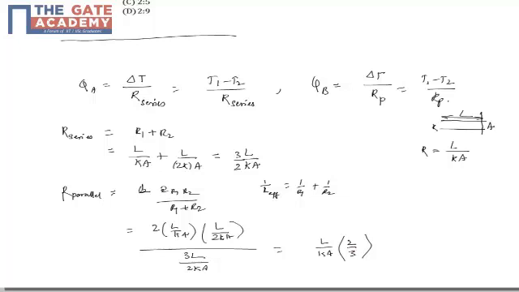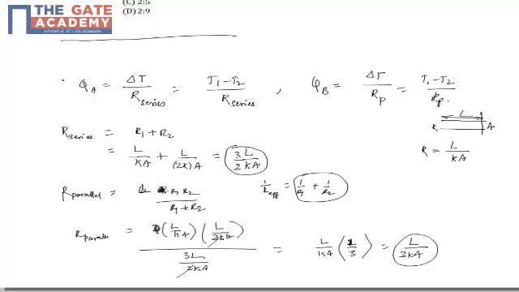Sorry about this, there's no R1; when you take this and find out, the 2 and this 2 get cancelled, and there will be 1 by 3, so it's L by 3KA. So this is L by 3KA, and the series one is 3L by 2KA. That is the resistance in parallel.